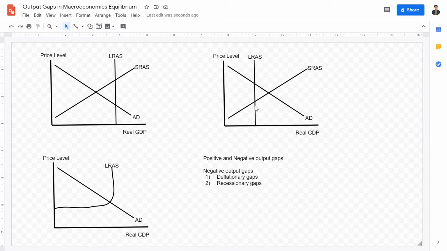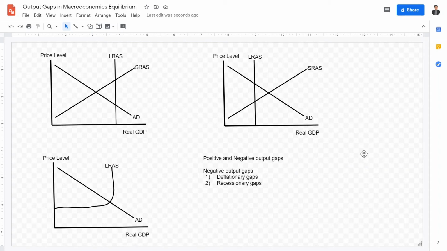Remember, long-run aggregate supply is YFE: Y, real GDP at the rate of full employment. FE stands for full employment. However, right now, short-run aggregate supply exceeds our LRAS, which means in the short run, real GDP is greater than sustainable levels, which signifies a positive output gap.